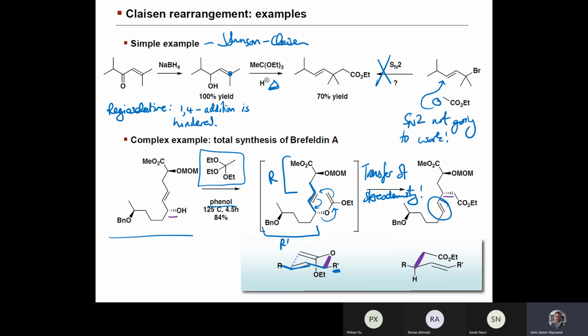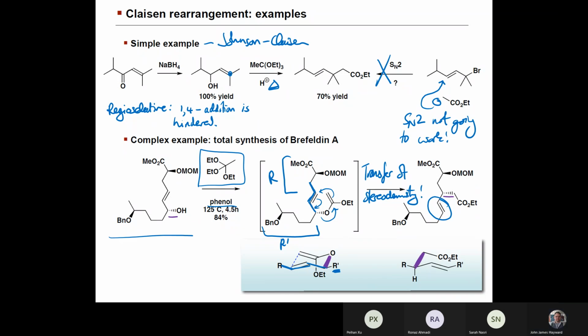So what is really impressive about this version of the Claisen rearrangement, and one that we will come to in a couple of weeks called the Ireland Claisen, is that they are really good at transferring easy to make, or comparatively easy to make, carbon-oxygen stereochemistry into carbon-carbon stereochemistry.